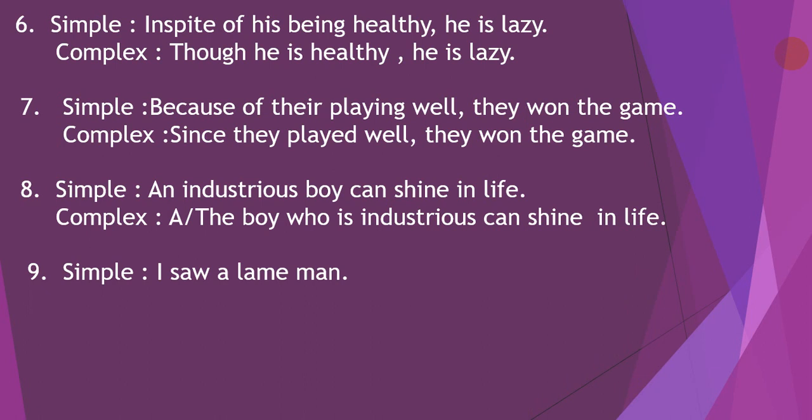At first we will write subject plus verb plus object, then the relative pronoun "who" will be used after the noun "man". After that, the be verb according to tense plus the given adjective will be used. Now the complex sentence will be: I saw a man who was lame.